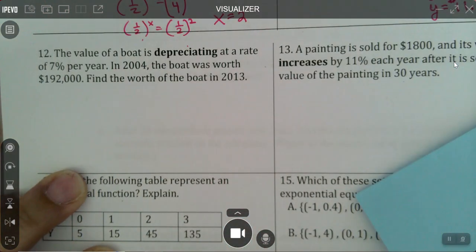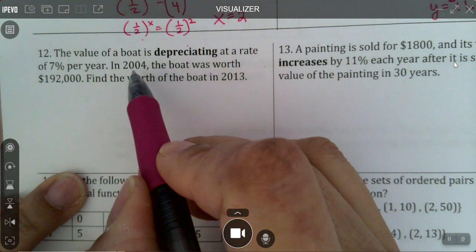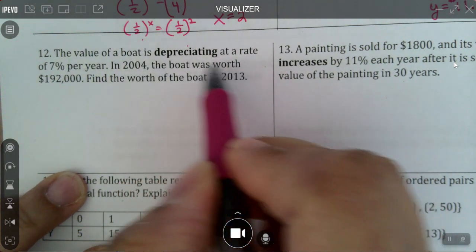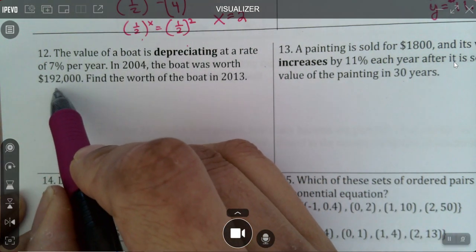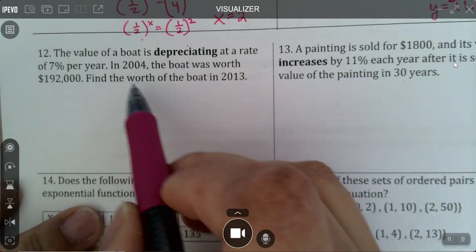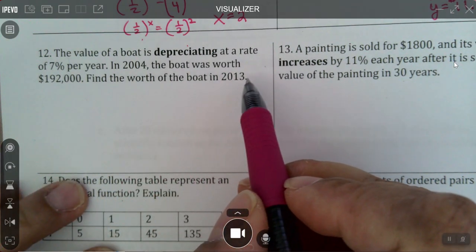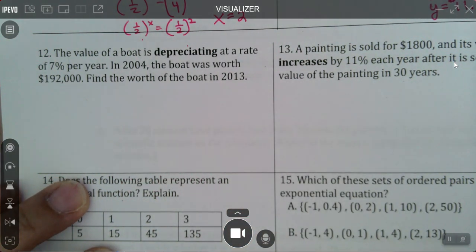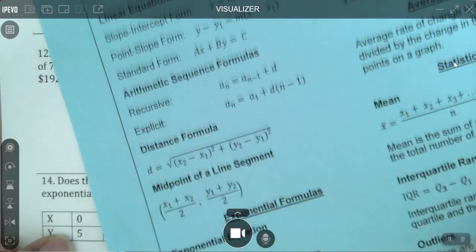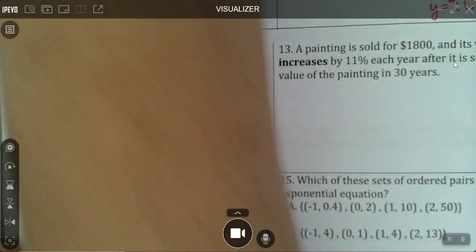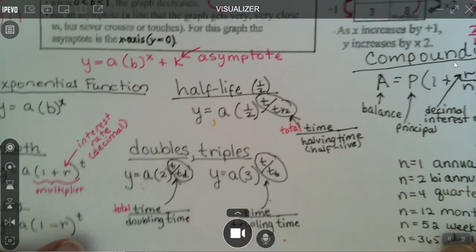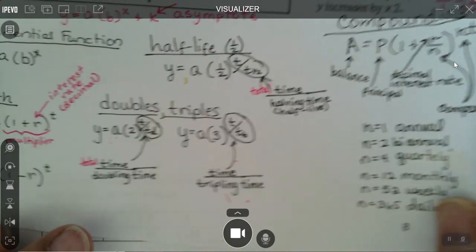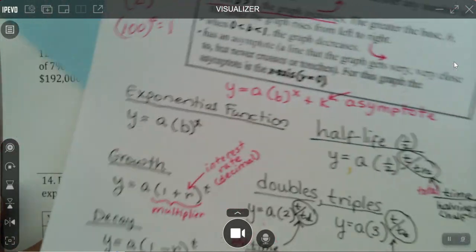Okay, let's keep on reading. In 2004, the boat was worth $192,000. Find the worth of the boat in 2013. So what do we have? Is it growth, decay, half-life, double life, triple life? Decay. Clear?